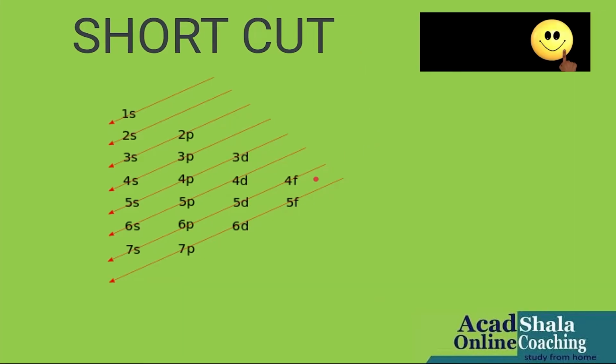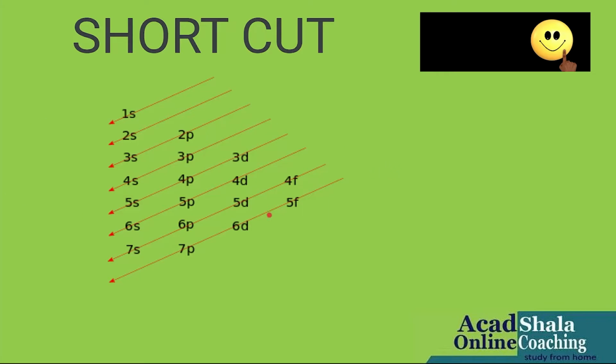Now, if in your exams they tell you to write the electronic configuration, from such a long way I am teaching you, you cannot waste your time doing all these things and then working out the electronic configuration in your exams. Time management really matters a lot.